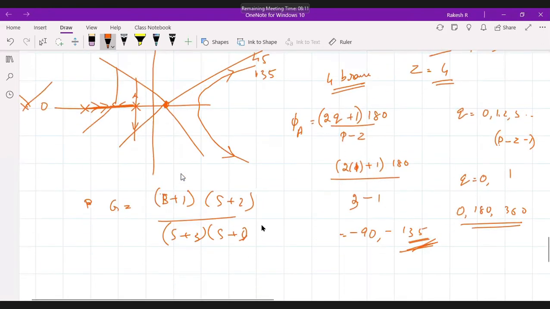We need to take some more: S plus 5, and S plus 6. I shall take this type of question.